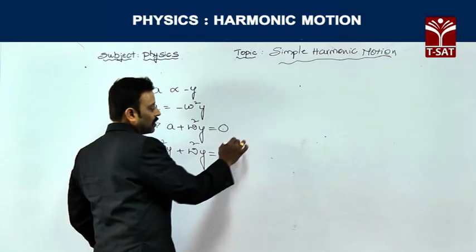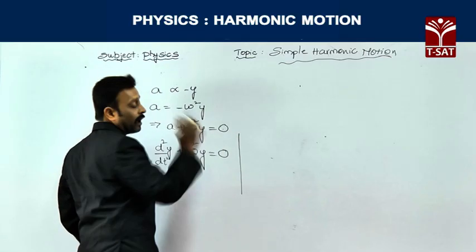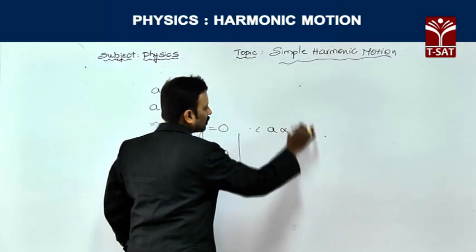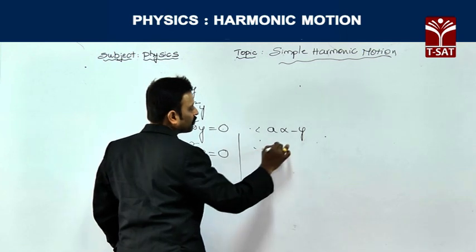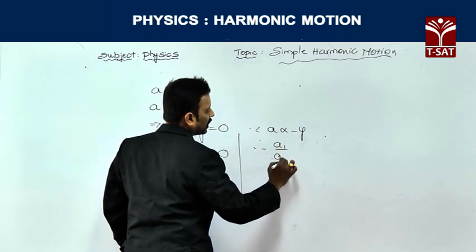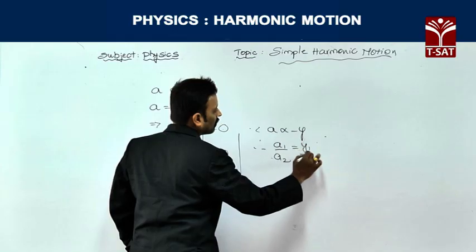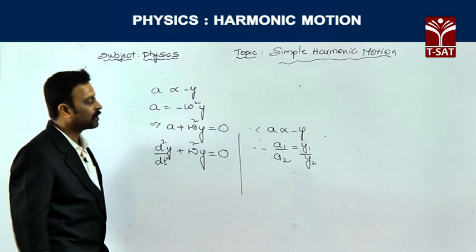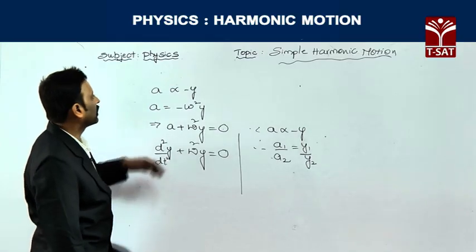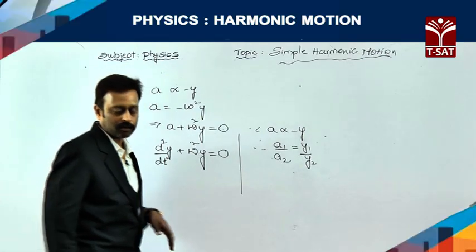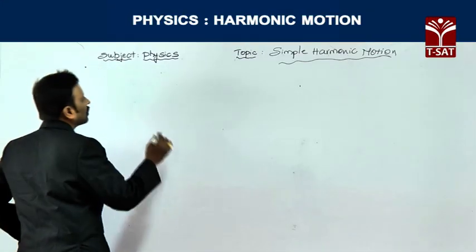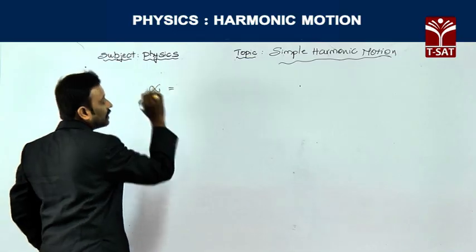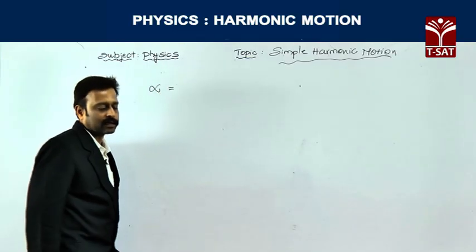And moreover, according to the relation between acceleration and displacement, since acceleration is directly proportional to displacement, I can write a1 by a2 is equal to y1 by y2. This is how acceleration and displacement are related in simple harmonic motion. For angular simple harmonic motion, alpha is angular acceleration.